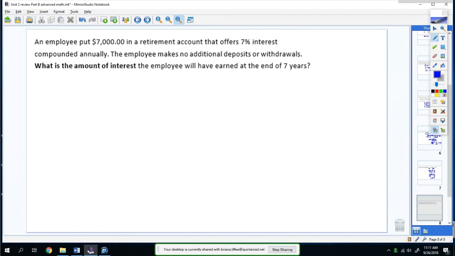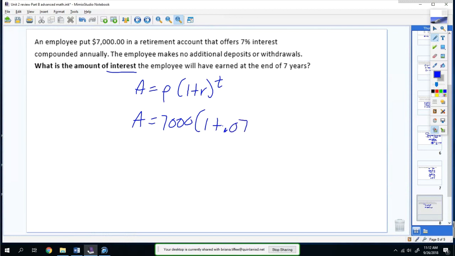Okay. An employee puts $7,000 in a retirement account that offers 7% interest compounded annually. What will be the amount of interest the employee will have earned at the end of 7 years? So your formula is A is equal to P times (1 plus R) raised to the T power. Your P is 7,000. 1 plus 0.07 raised to the 7 power.